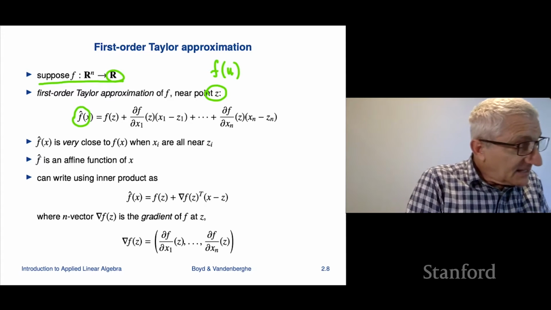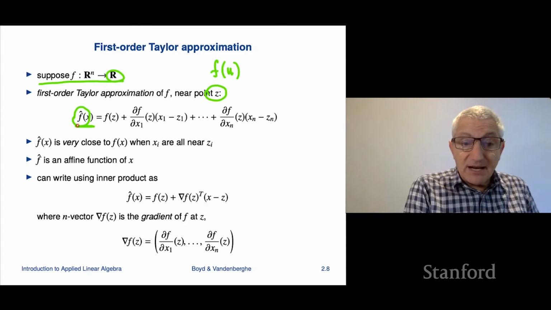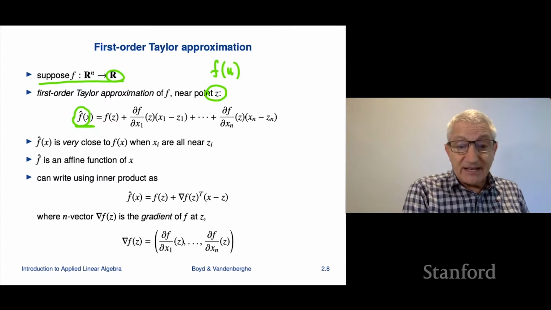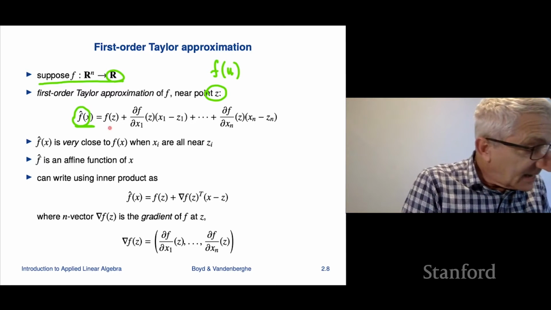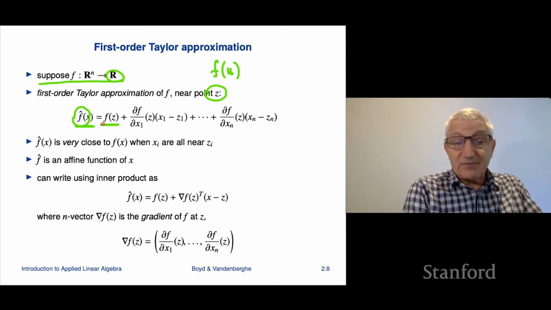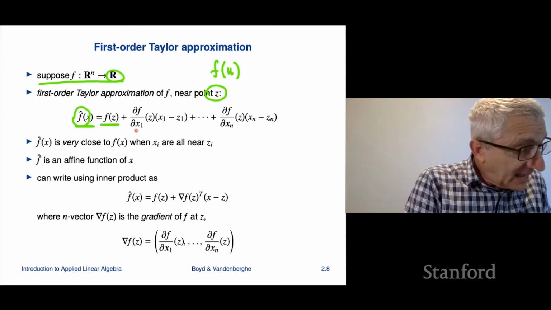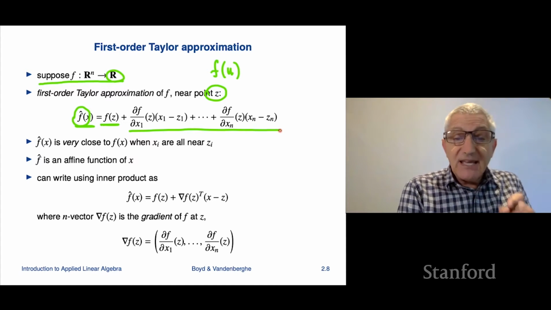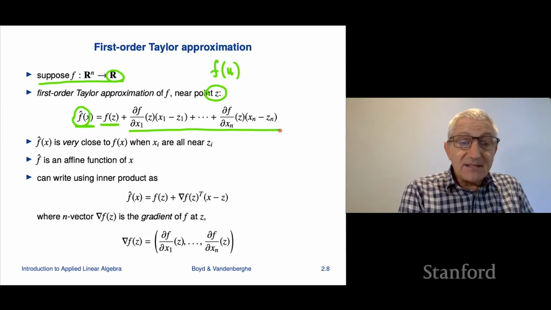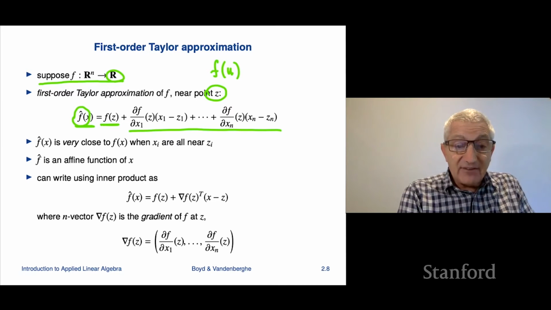Okay, so this says f hat of x is my approximation of f, and it's going to be the following function. It's f of z, now that's a constant, it's just whatever number that is, say -2. Plus a sum of terms. Each one can be interpreted as the approximate change in f due to the change in that component of x or z.